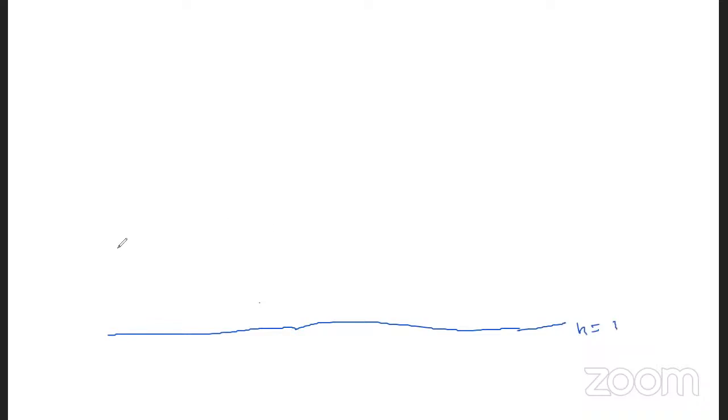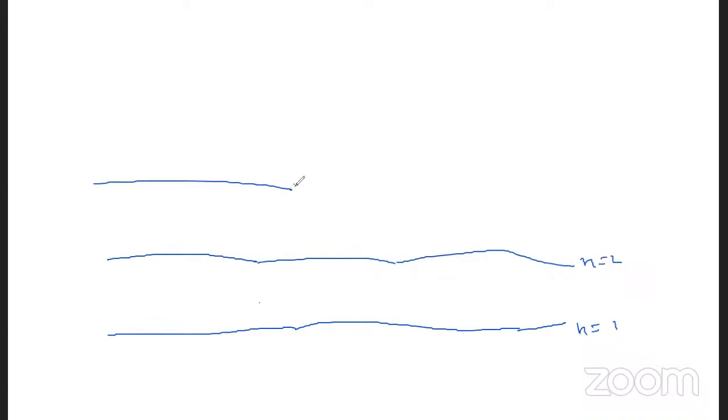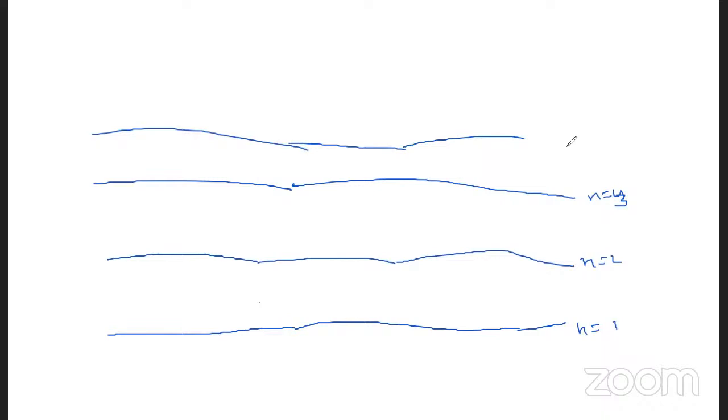And above this, we have n equal to 2. Then n equal to 3, and then n equal to 4. It should be a straight line, but here I'm not able to draw a straight line.